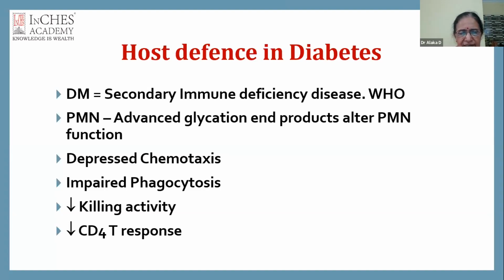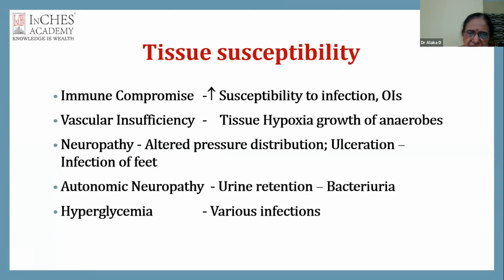I think Dr. Asrani is planning some classes on immunology. At that time I'll be able to explain all this to you. But today you just remember that both the cellular and the humoral immunity are depressed in diabetes, and therefore it is called a secondary immune deficiency disease.